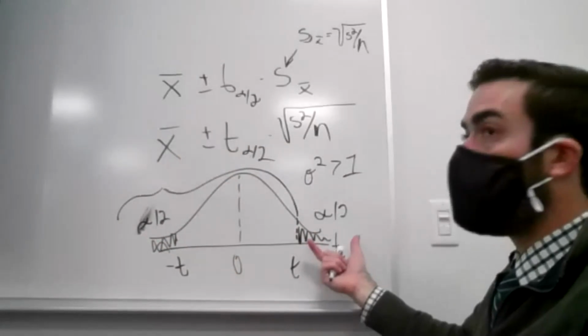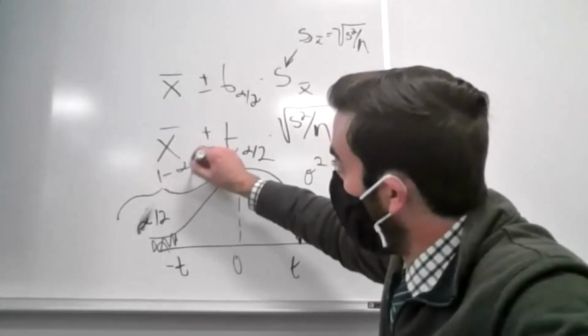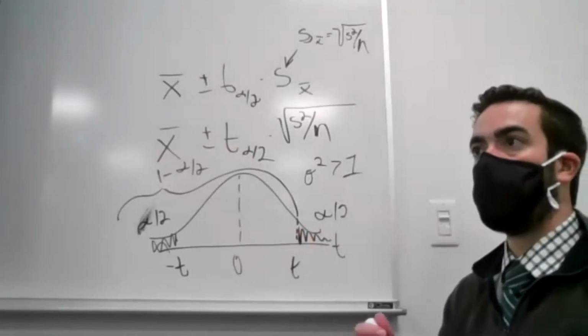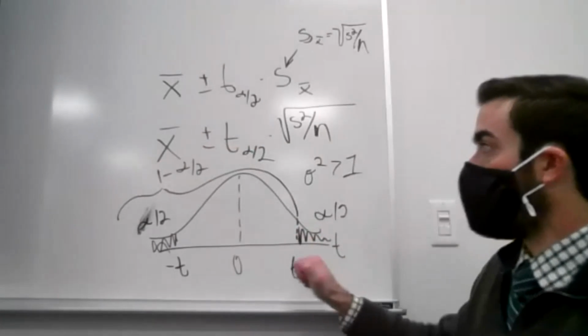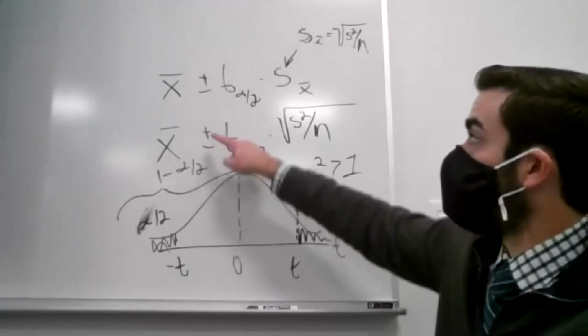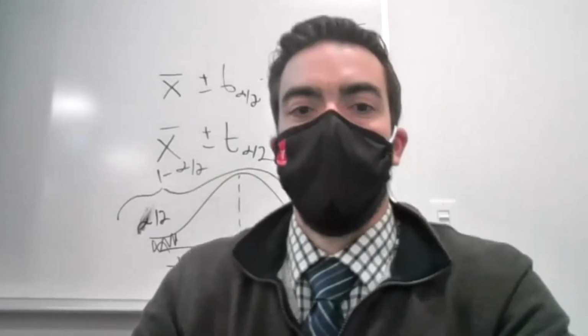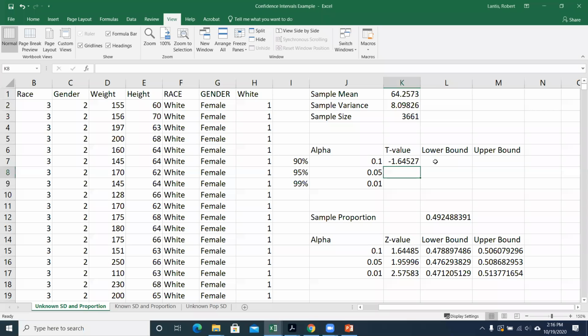Because if there's alpha over 2 in this upper right tail, the area to the left of that would be 1 minus alpha over 2. So that's one way I could do it, is instead of telling it alpha over 2, because I don't want the negative sign there because that's already built into my confidence interval equation. So I could tell it 1 minus alpha over 2.